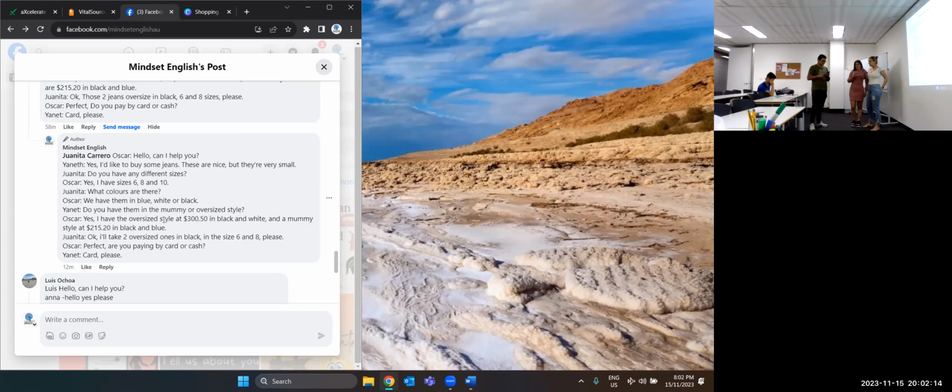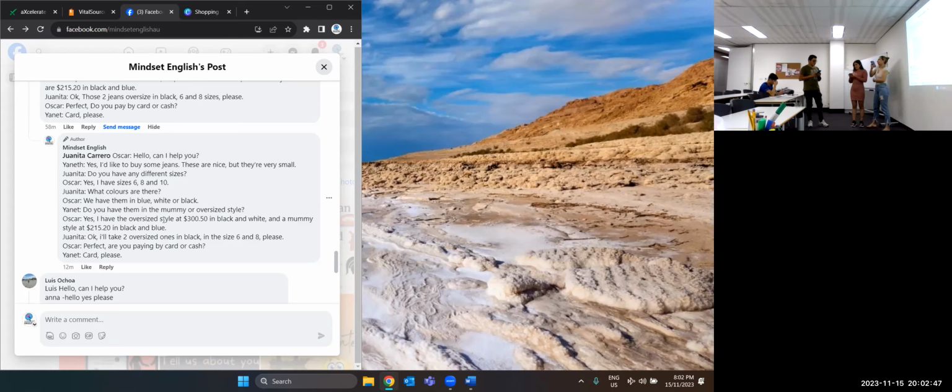I would like to buy swimming shoes. They are nice, they are very small. Do you have any different size? Yes, size 6, 8, and 7. What colors are there? We have them in blue, white, or black. In the oversized size.